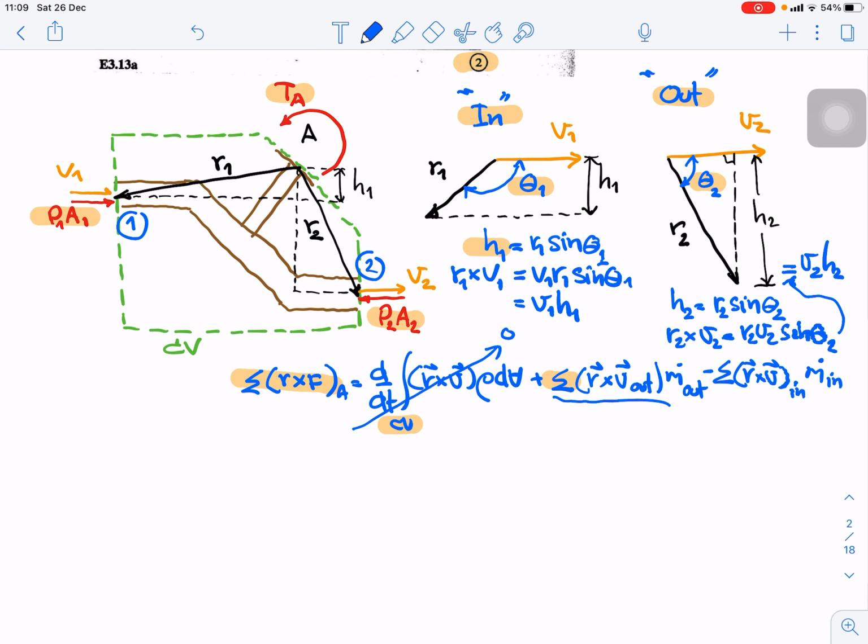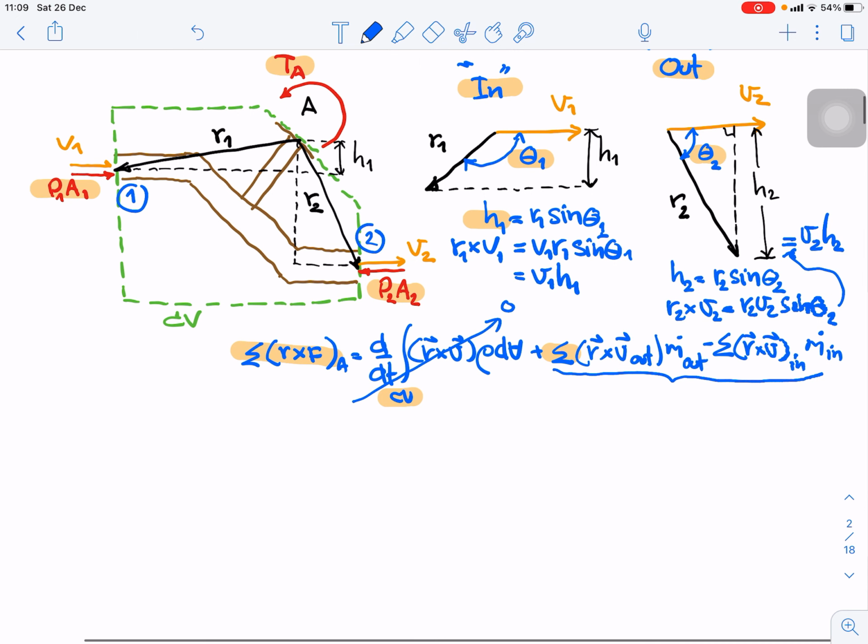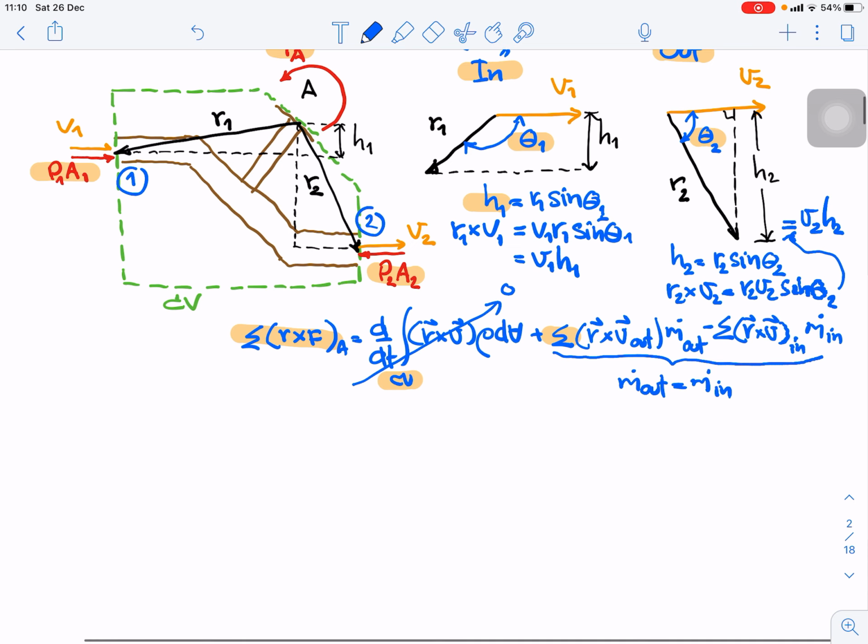For this term, we say that the mass flow in and flow out are the same, so we can combine them: it is equal to V2 H2 m dot minus V1 H1 m dot.